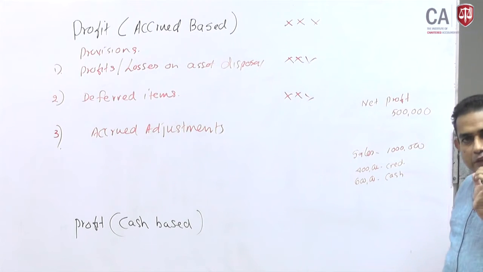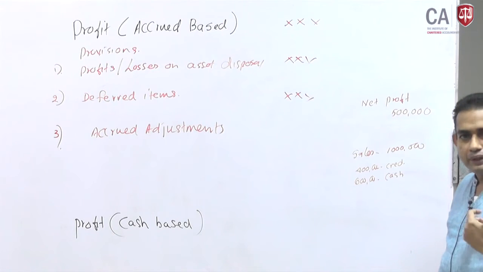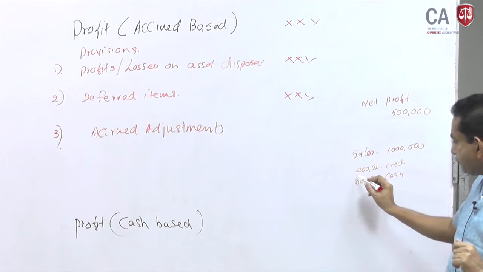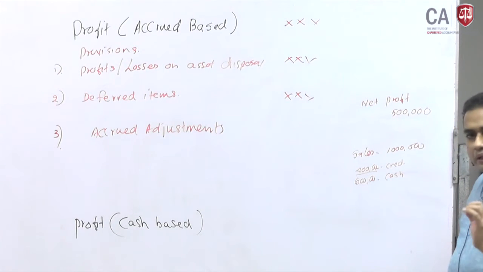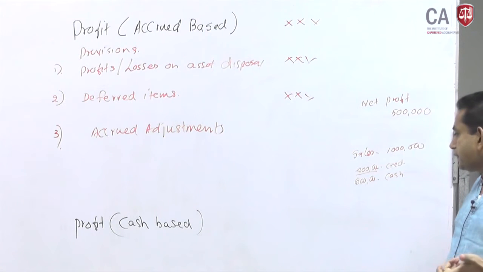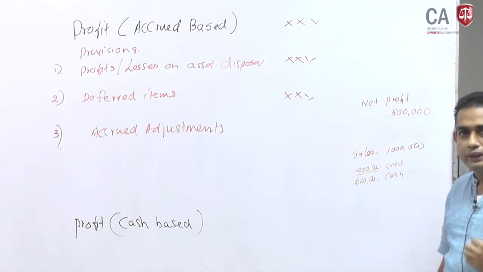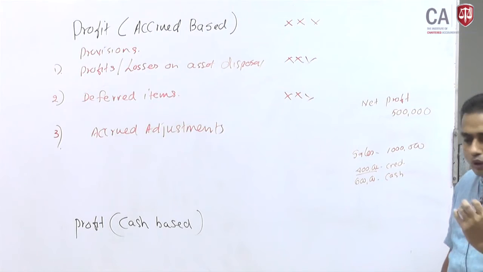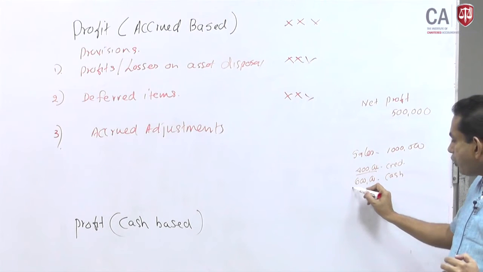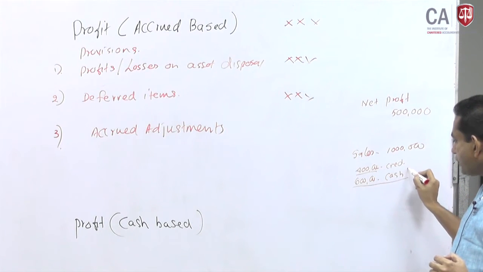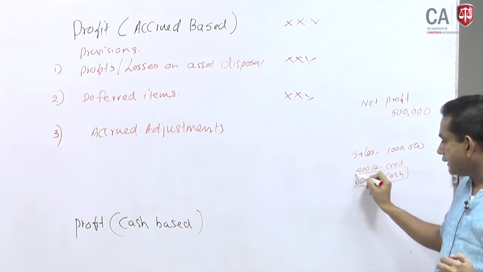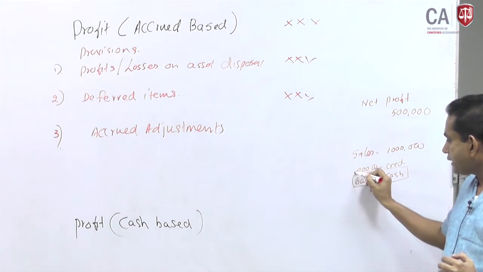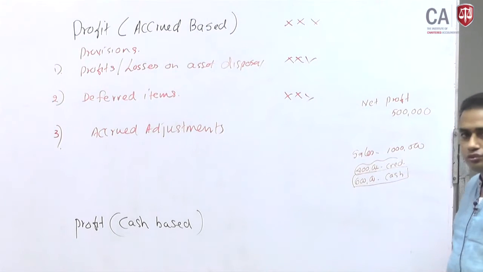It is this accrual basis concept that requires you to recognize 400,000 credit sales as well as 600,000 cash sales. If you did the profit calculations purely on cash basis, you would have obviously taken only the cash element of 600,000 by ignoring the credit element of the sales transaction of 400,000.